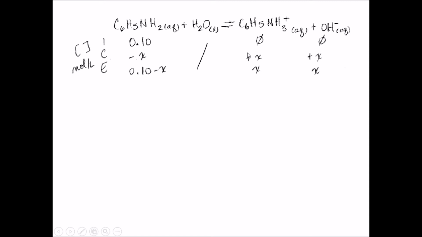Therefore, we cannot find a change in concentration. So we have to assume that change is an unknown variable. Change will be equal to X. Since our products were 0, they have to gain, and they will be the positive X, making our reactants the negative X. At equilibrium, our concentrations are equal to the following.